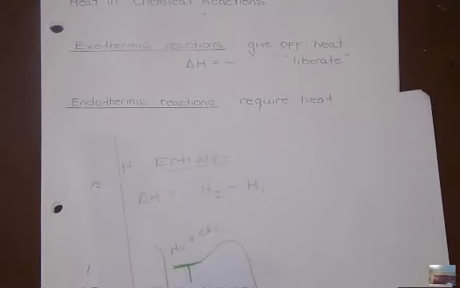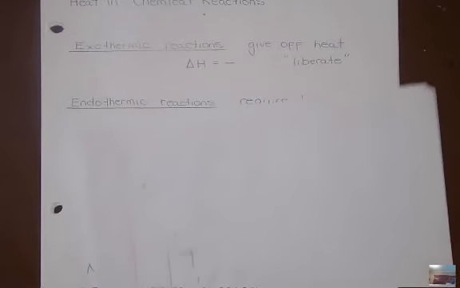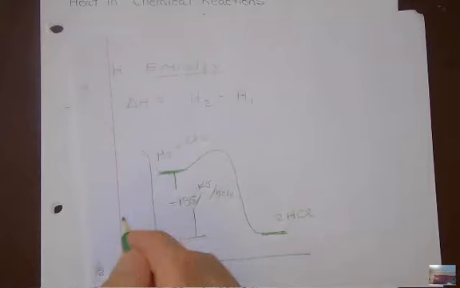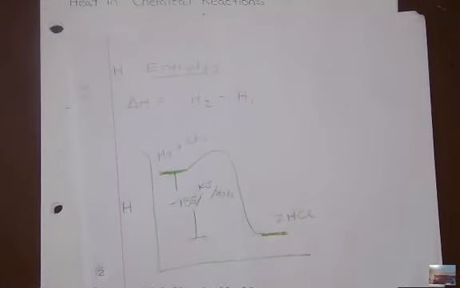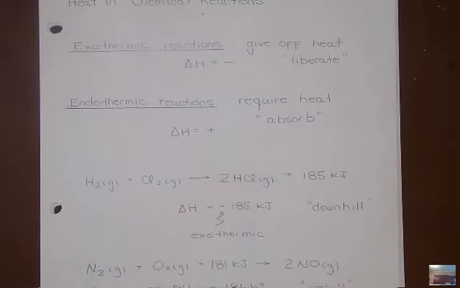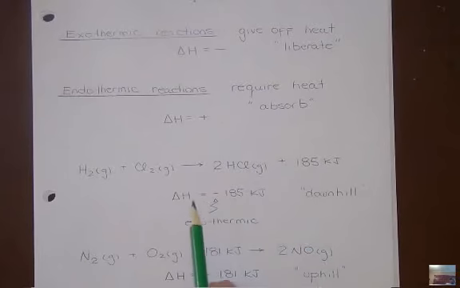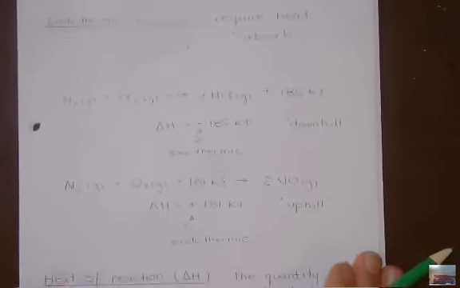In this particular case, I went down 185 kilojoules for every mole of reaction that you see. Okay, 185 kilojoules is the height of this. This is a scale of H on here. It's really the potential energy of the reactions, so delta H is the difference of it. Okay? All right, so again, if it's written on the product side, delta H is equal to negative.